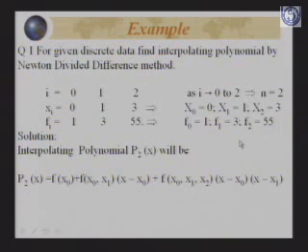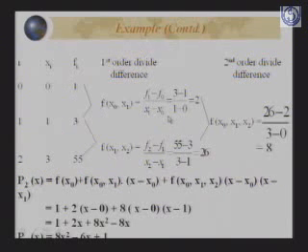Now just apply the interpolating polynomial formula for n is equal to 2, which is nothing but f[x0] plus f[x0, x1] into (x minus x0) plus f[x0, x1, x2] into (x minus x0)(x minus x1), and the data available is this. So by applying this data on this formula we can have this.